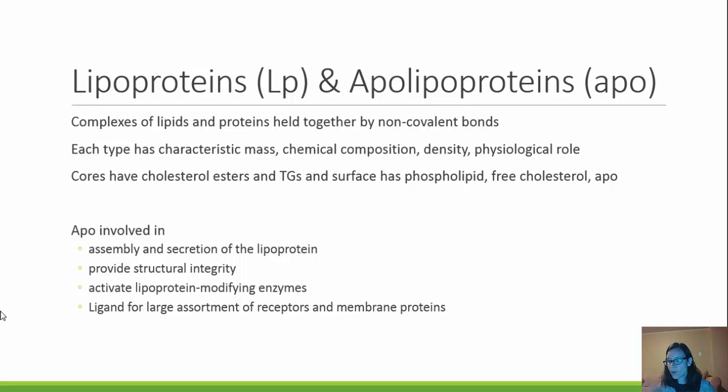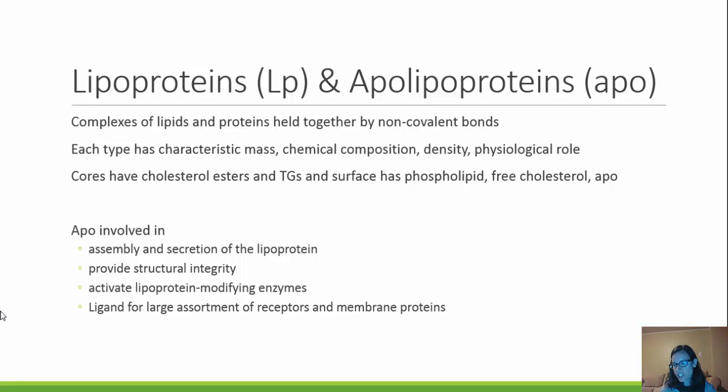Okay, so now we're going to move on to lipoproteins and apolipoproteins. Lipoproteins and apolipoproteins are complexes of lipids and proteins that are held together by non-covalent bonds. Each of these has a characteristic mass, chemical composition, density, and physiological role.